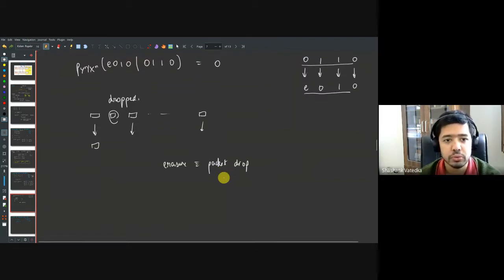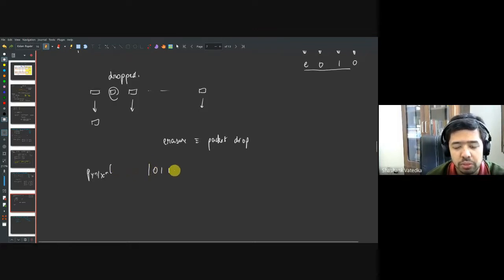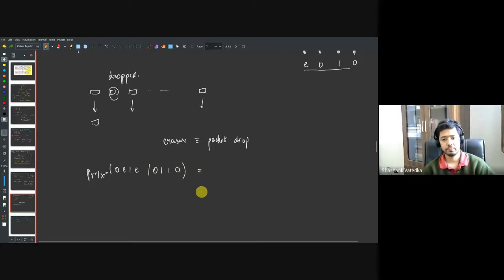Okay, so right now we were calculating these transition probabilities. So what is P of y^n given x^n, so let's say that the input is again 0 1 1 0, and the output is 0 E 1 E. What is this equal to?